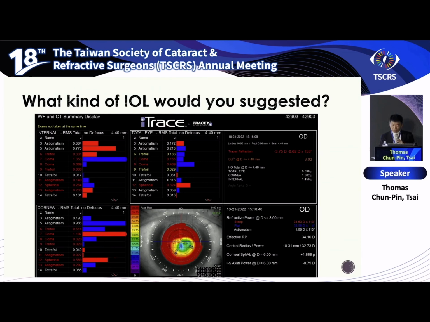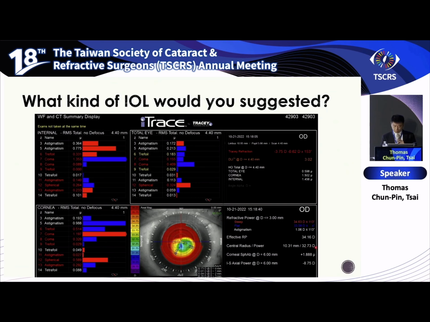And what's your IOL suggestion for this patient, Dr. Tian? I'm Pentai Ten from China Medical University Hospital. As we see, the spherical aberration at the 6 millimeter cornea of this patient is about 1.8 micrometers.